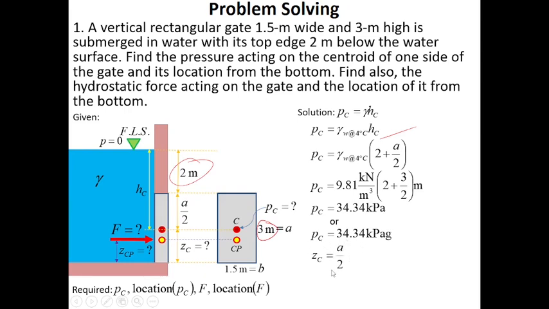Now we are looking for Z sub C, so that we can cite the location of the centroid from the bottom of the gate.